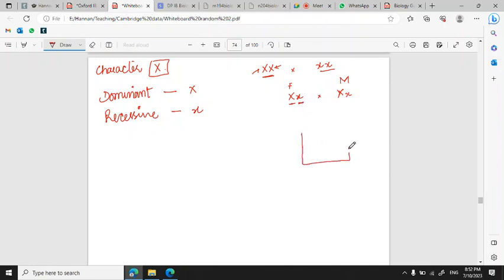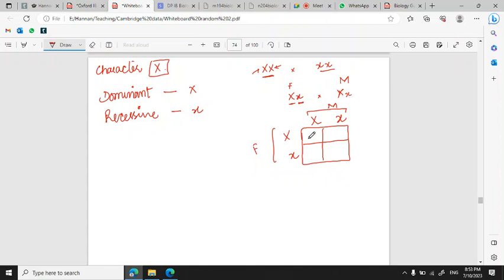You would create a box over here, and this is dominant allele, recessive allele, dominant allele, recessive allele. Now, this is father's side and this is mother's side. Remember, I am constantly saying that a child can only have one allele from either of the parents.